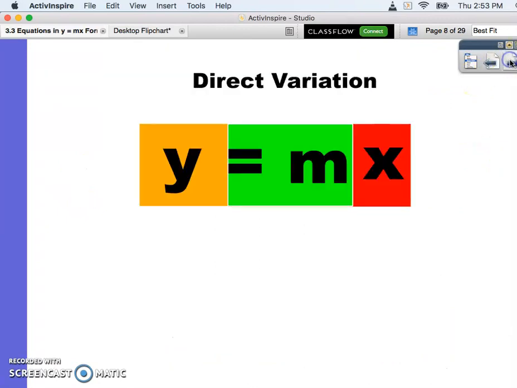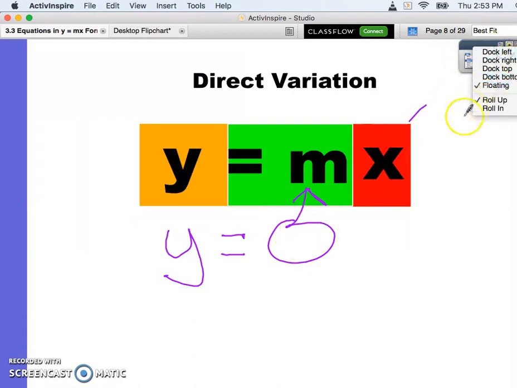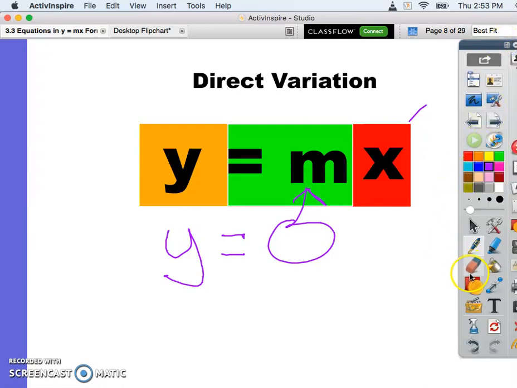Okay, the next one is our direct variation equation. We're going to have y equals m x. Our m is going to turn into a number, which is our slope.